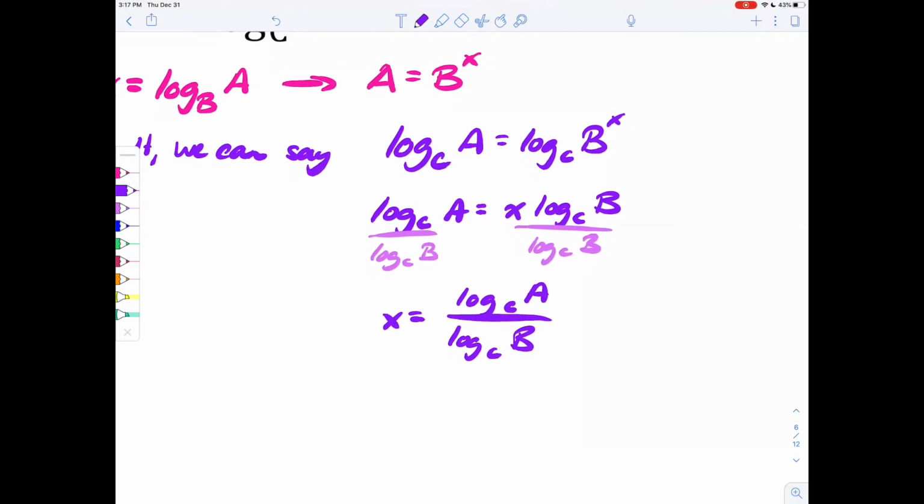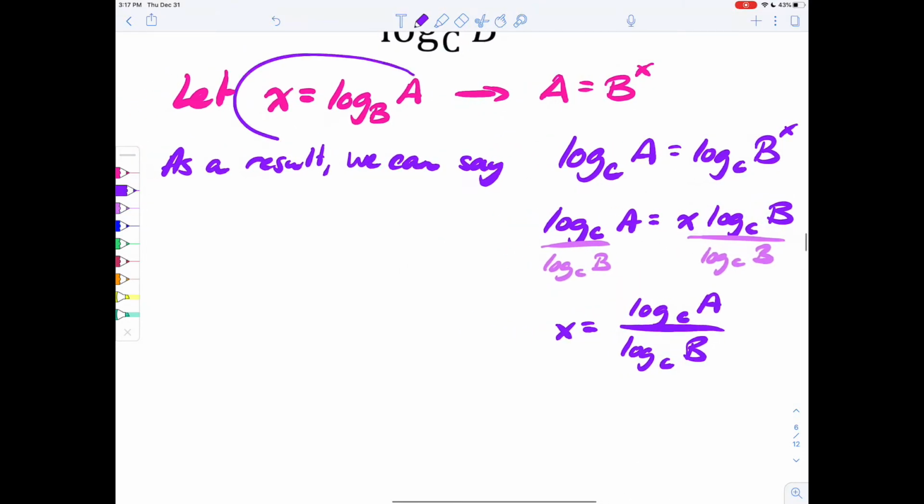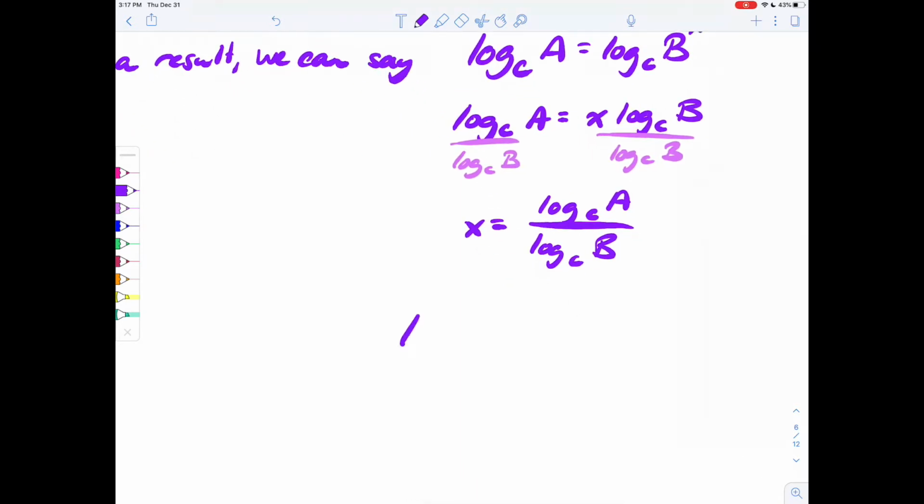But we never really had an x to begin with, did we? X was log base b of a, so I'll replace that. And there is this proof complete.